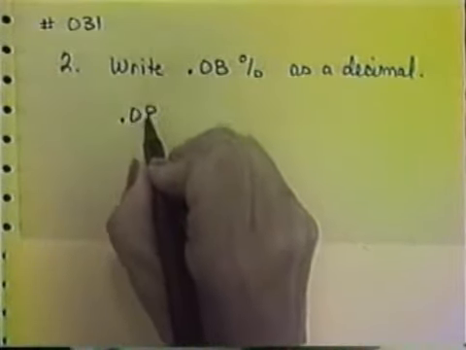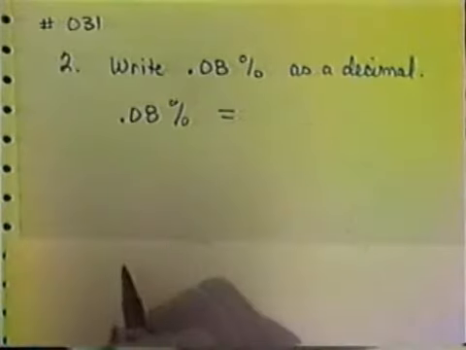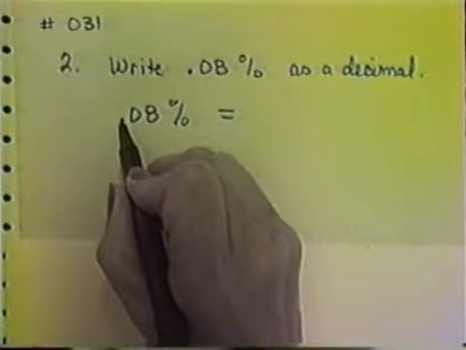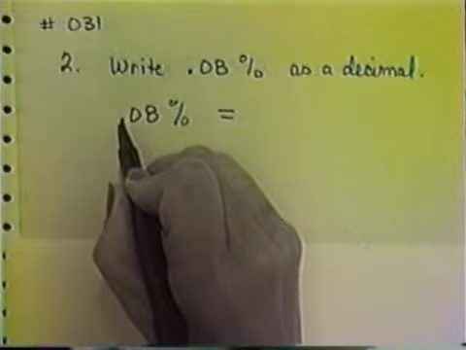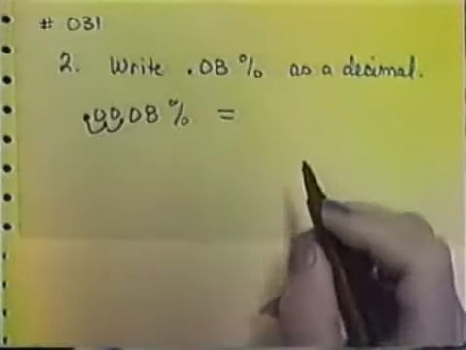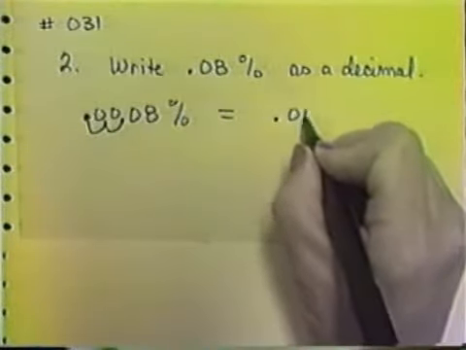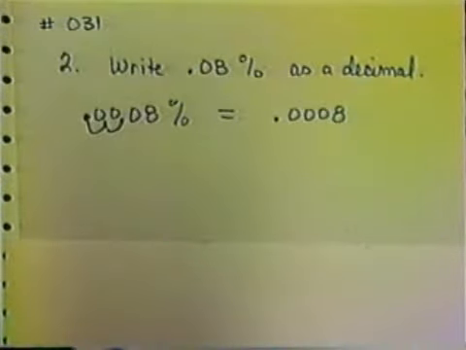Second example, we want to write 0.08% as a decimal. So if we take 0.08% and change to a decimal, we take the decimal and move 2 places to the left. So we go 1, 2, and we're going to have to fill in with zeros, which gives us 0.0008, and we drop the percent. So the decimal form for 0.08% is 0.0008.